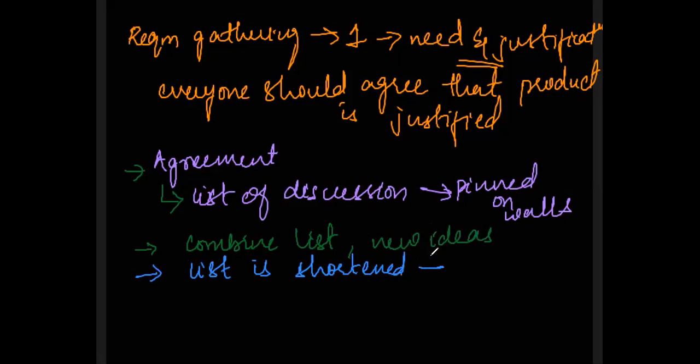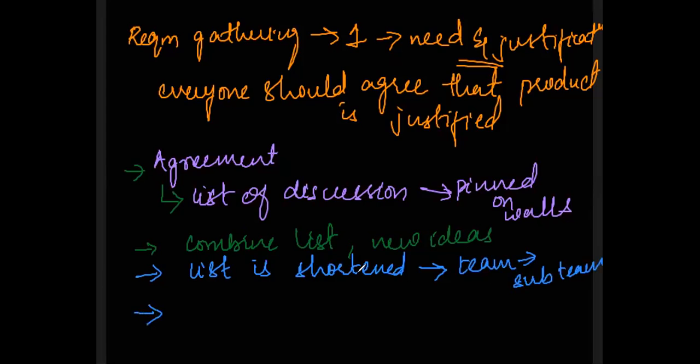Now, when the list is shortened, you have a specific set of features that you are going to embed within the software. So within this list, you're going to divide the work among different teams. You might also make sub teams, so that each team can focus upon one specific requirement at a time.